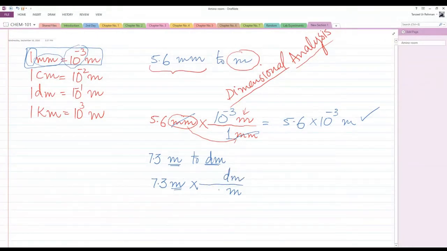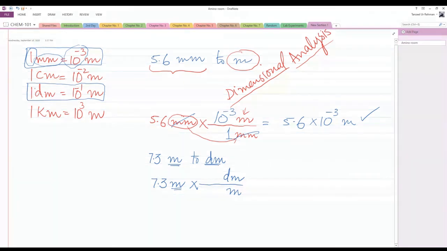So you are going to change from meter to decimeter. Where is meter to decimeter? This line. Check. Where is decimeter? Here. And with decimeter, what is written? 1.